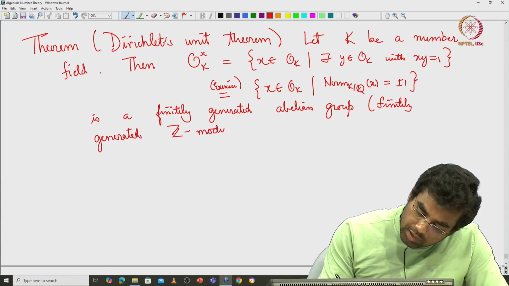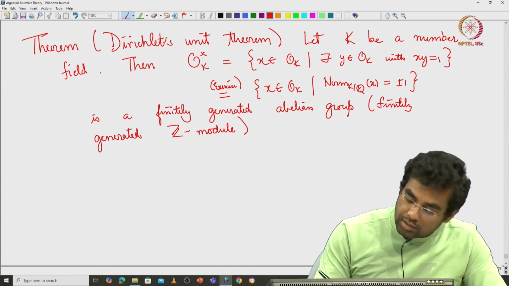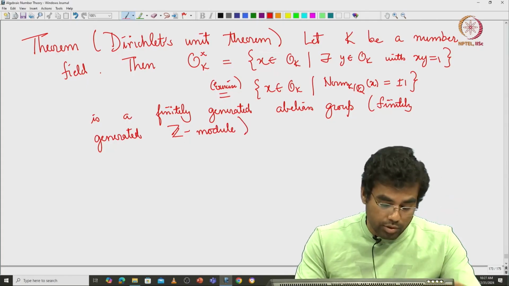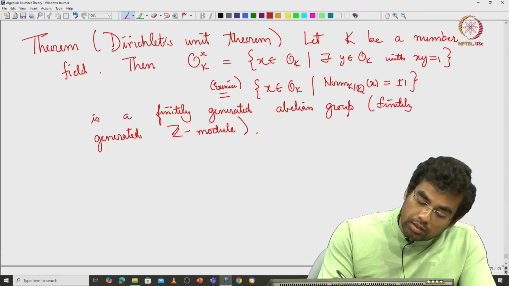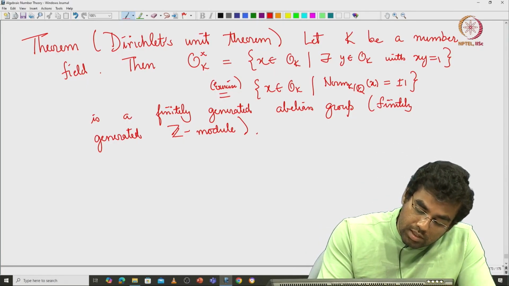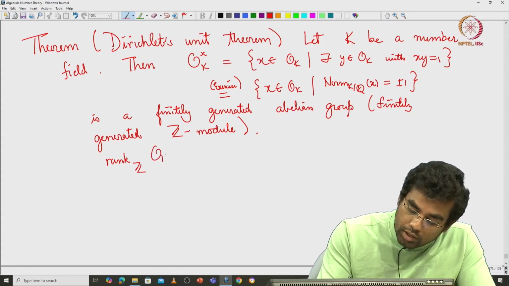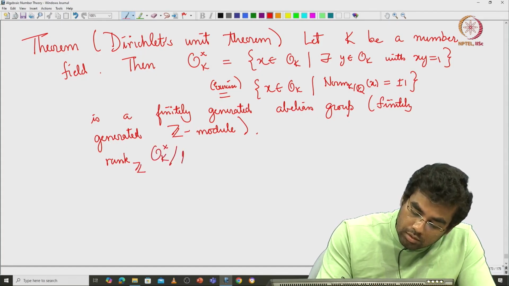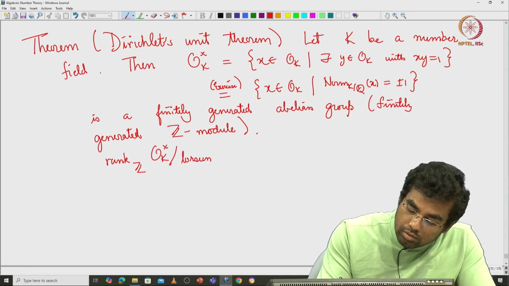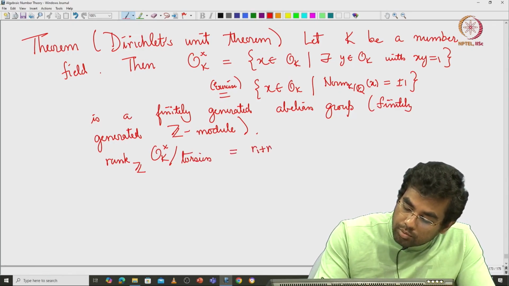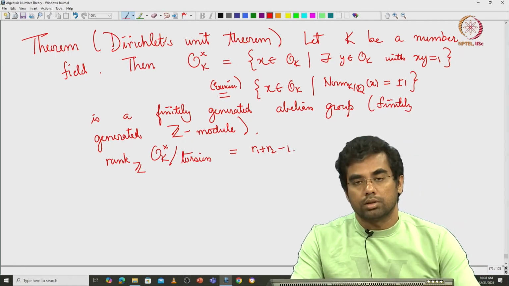They are the same thing: Z-modules are abelian groups and abelian groups are Z-modules. In fact, what you can say more is, if you mod out by the torsion of O_K cross, then this has rank r1 plus r2 minus 1.